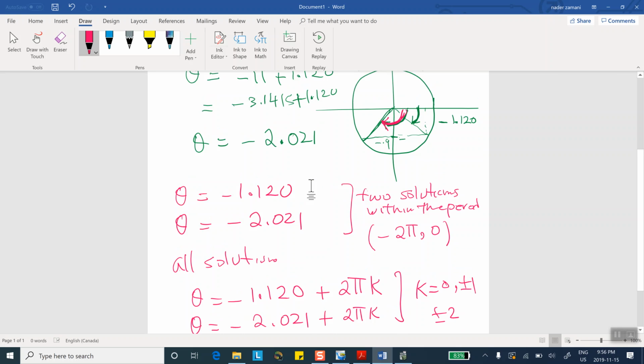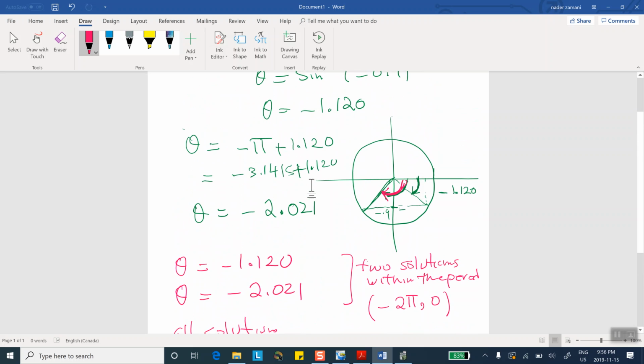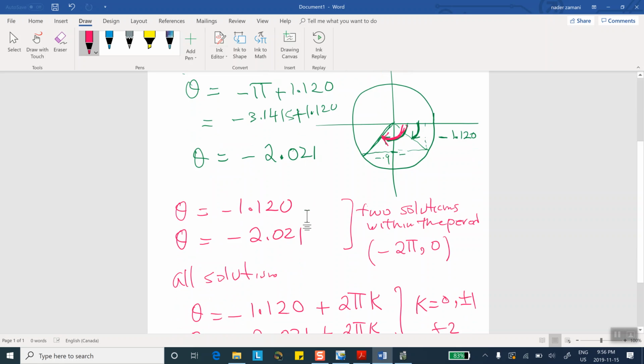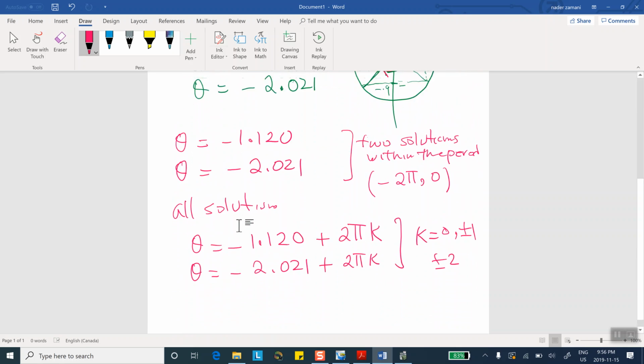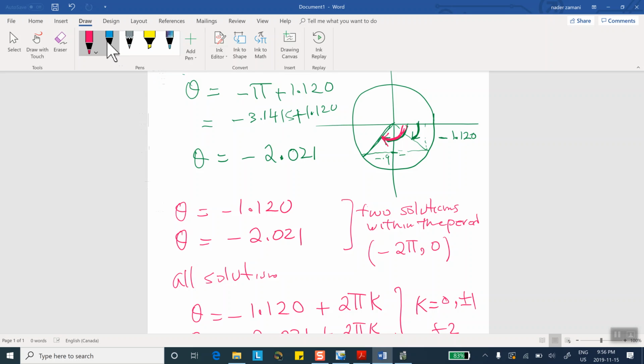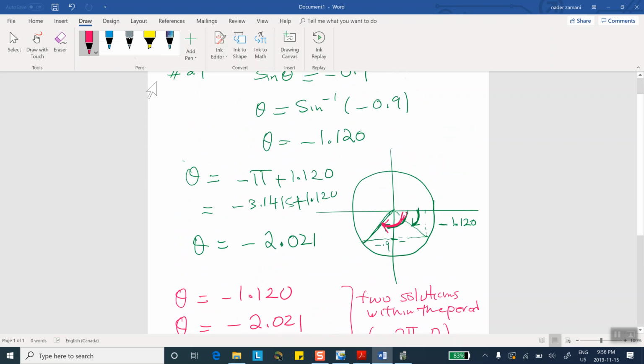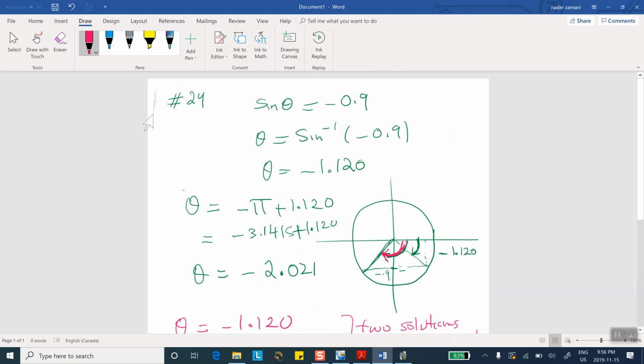Now, at the risk of confusing you, let me do this problem a different way. I'm going to erase whatever I don't want.